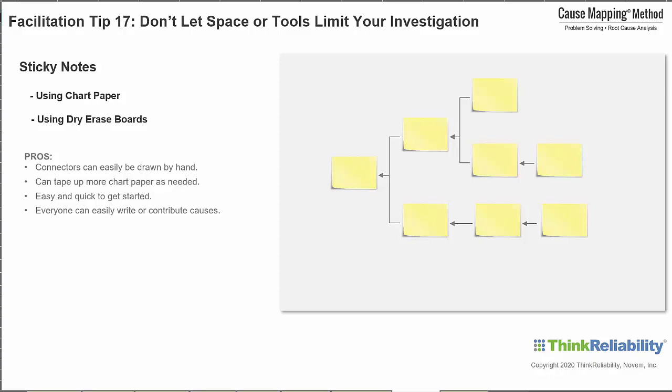As you move the causes around, you may have already drawn those arrows in with pen. So I usually recommend drawing in the arrows last. However, it can be a little bit confusing as people are adding causes if you're not drawing the arrows in right away. If there start to be questions about the cause and effect relationships, or the flow becomes a little bit more difficult to follow, draw those arrows in. But keep in mind, those arrows may change later down the road.